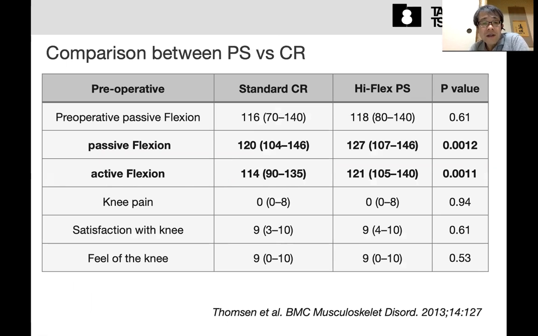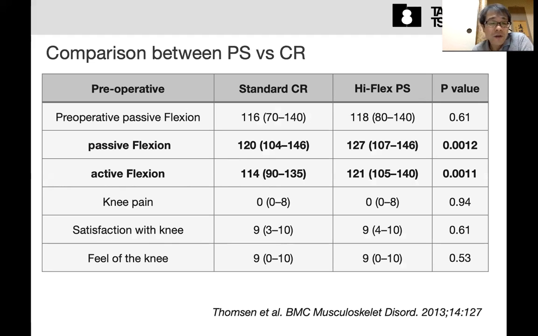So this is another study of the passive flexion, comparing the PS and the CR. But this PS is a high flexion design. I will explain later. This is also a significant difference. But many studies show that only the flexion angle was different between the CR and the PS knee.